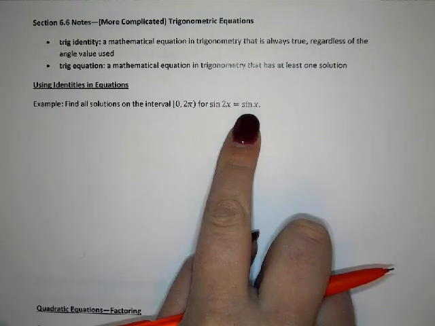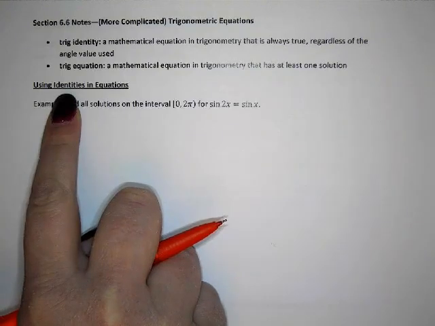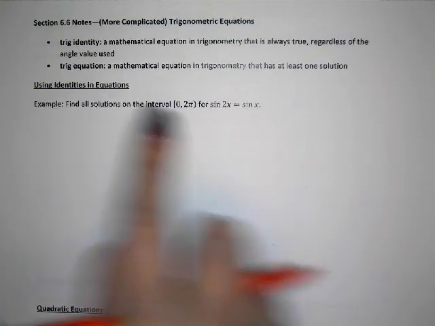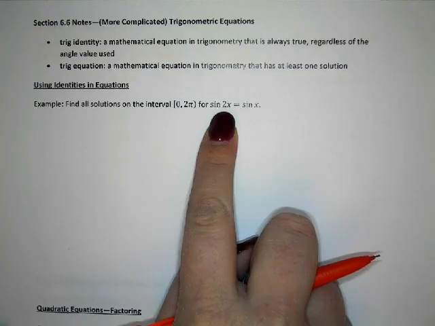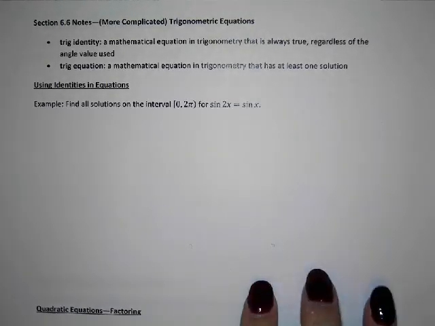The strategy that we're going to use to solve this equation is to use identities in the equations. So here we have a double angle identity. We're not necessarily going to use a double angle identity for any type of equation, but for this specific equation, the double angle identity is what we can see happening.